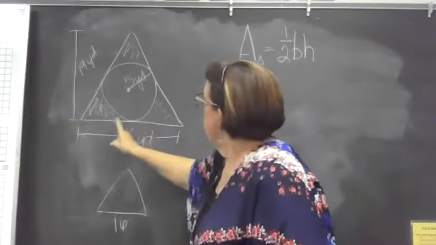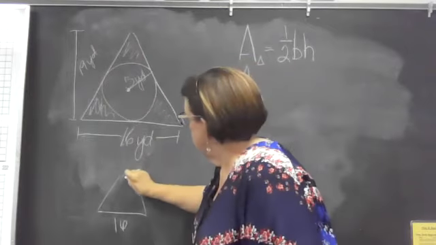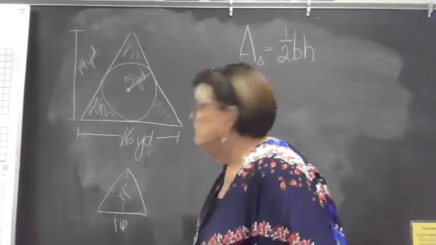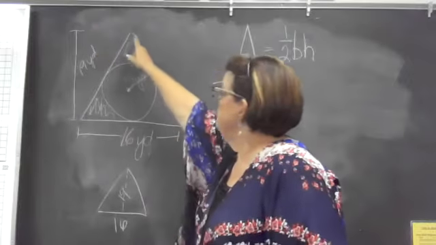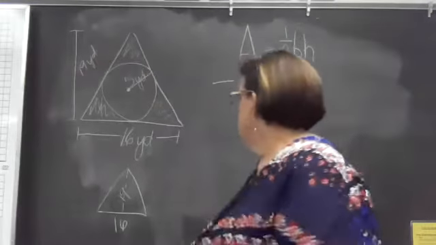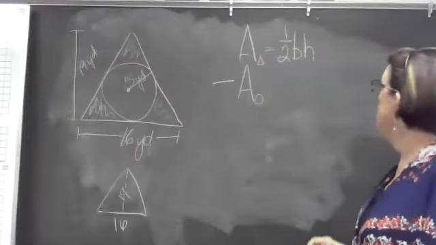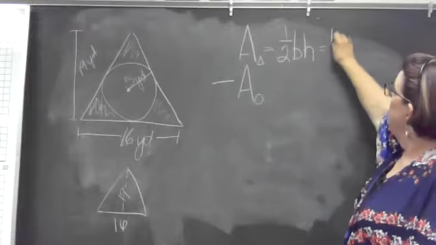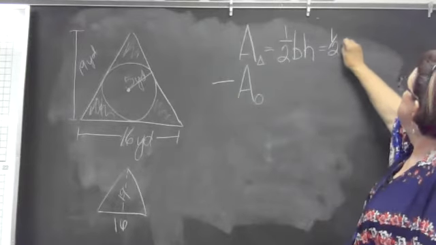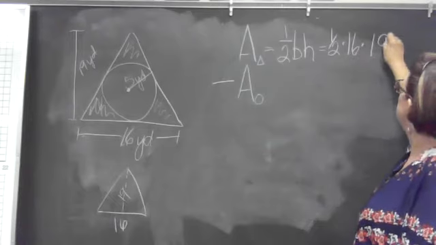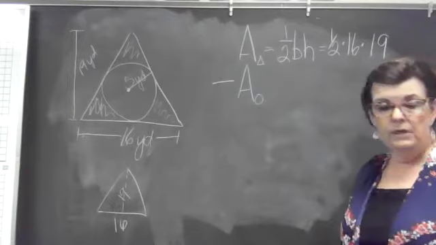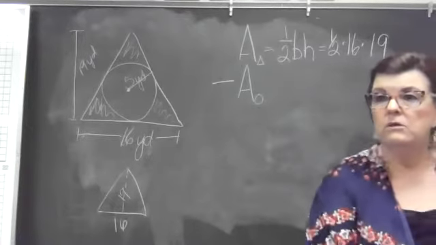If that's the height, then this is the height. See it? They're telling you from the bottom to the top, they just didn't put the line there. So we have 1/2 times 16 times the height, right? I'm not sure what that is. Do you need a calculator?